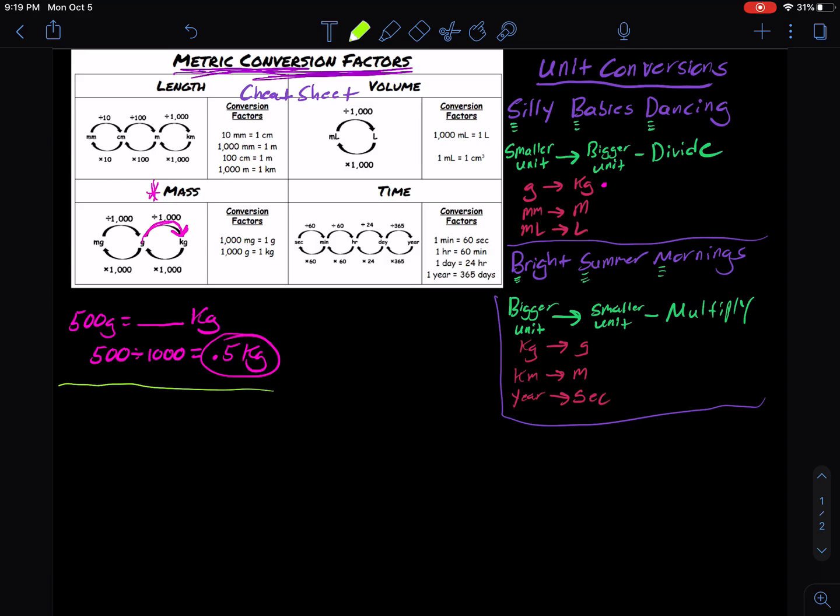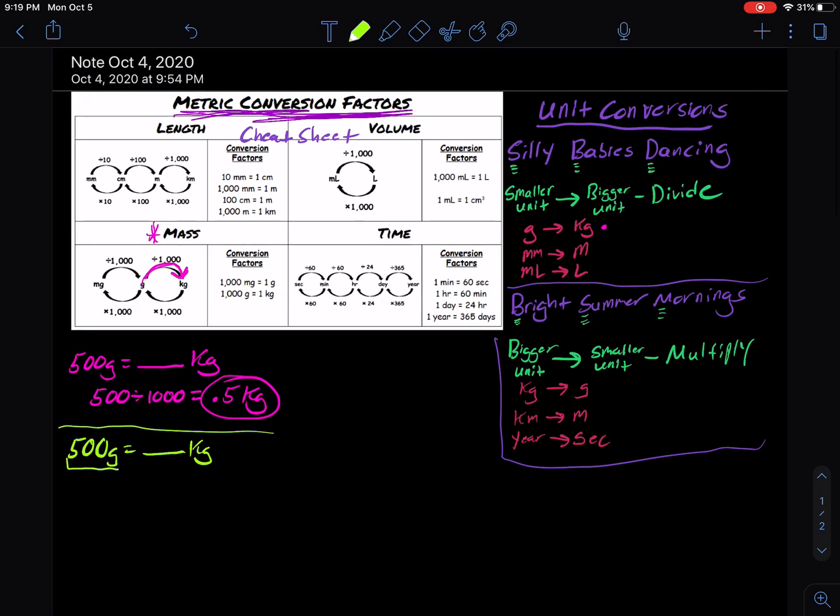So what I mean is this. Again, we're going to write 500 grams equals how many kilograms. We already know that it comes out to be 0.5, but let's see the details of the unit conversion. When we do any unit conversion, you always start with what you know. And what we know in this problem is right here.